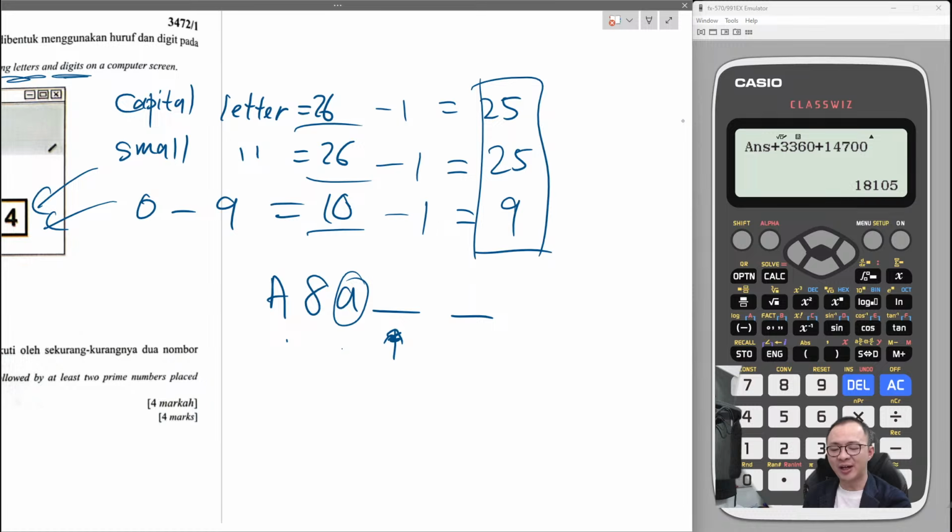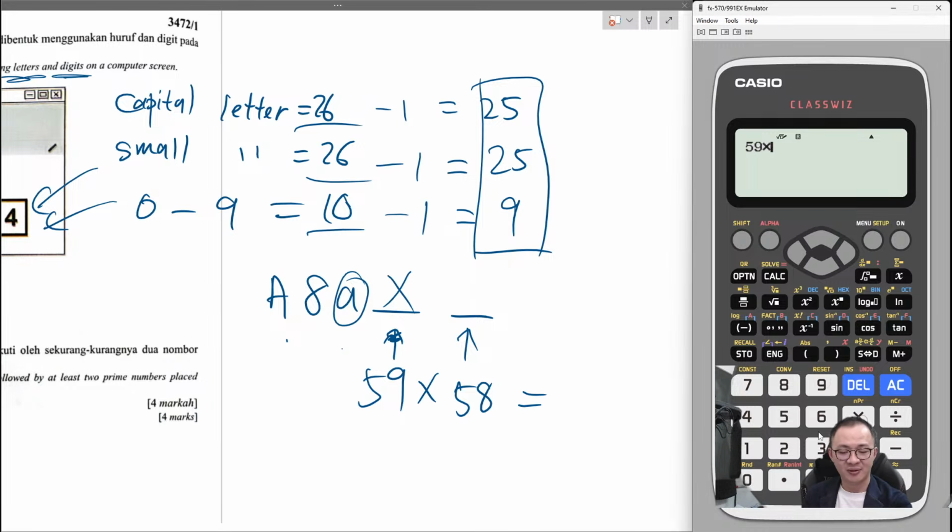If I add up together, I still have 59 possibilities here. Whatever number or letter I use here, I only have 58 left for the next one, isn't it? So I multiply that, that's all. So it's 3422 for part 1.